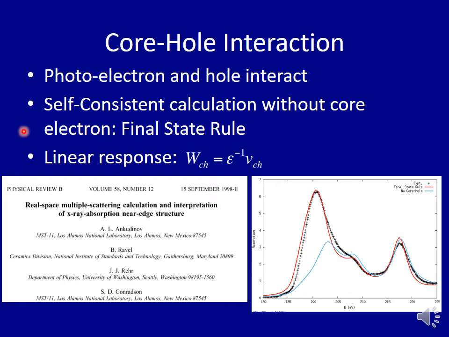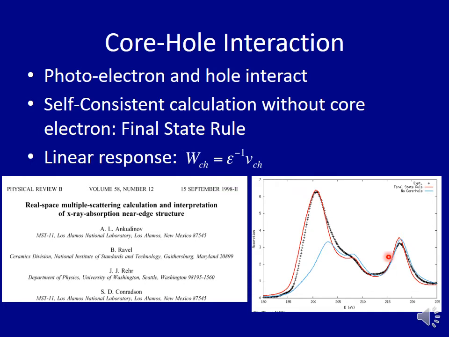Another way you can do this is through linear response, where you use a dielectric function to calculate the screened Coulomb potential from the core hole. And this turns out to be usually pretty similar to the final state rule.